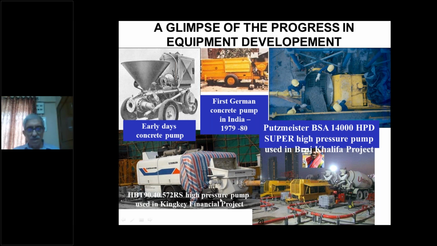So nowadays pumping is most recommended. Pumping is the only mode of transporting concrete both horizontally and vertically in one go. Of course, if you are transporting concrete from the plant to the site, it has to be in transit mixers, and later on you have to use concrete pumps.